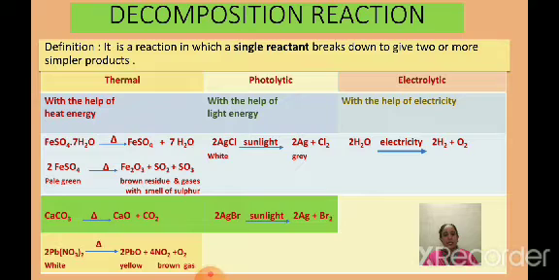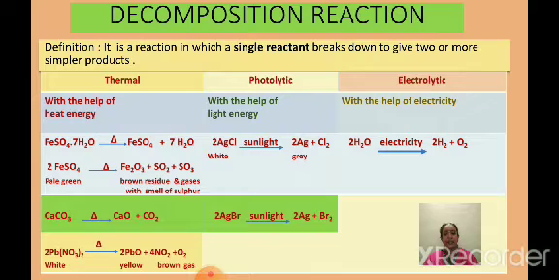Take the next example. What happens when lead nitrate crystals are heated? When these crystals are heated, we find that there is evolution of brown gas. What is it due to? The brown gas is due to the evolution of nitrogen dioxide. Now, there will also be a change in the color of the crystals.